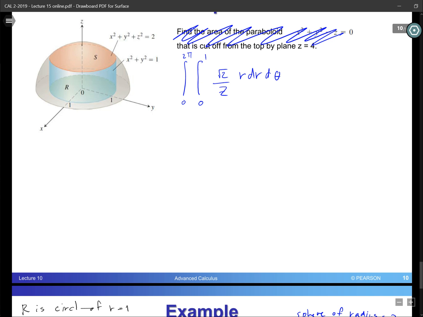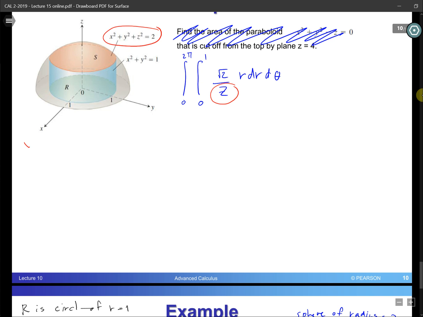But we can't continue with this because we still have z right here. We have this z and it's not going to go with r and theta. So let's change it. Here, let's take a look at this. x squared plus y squared is going to be equal to, I'm going to save some space.